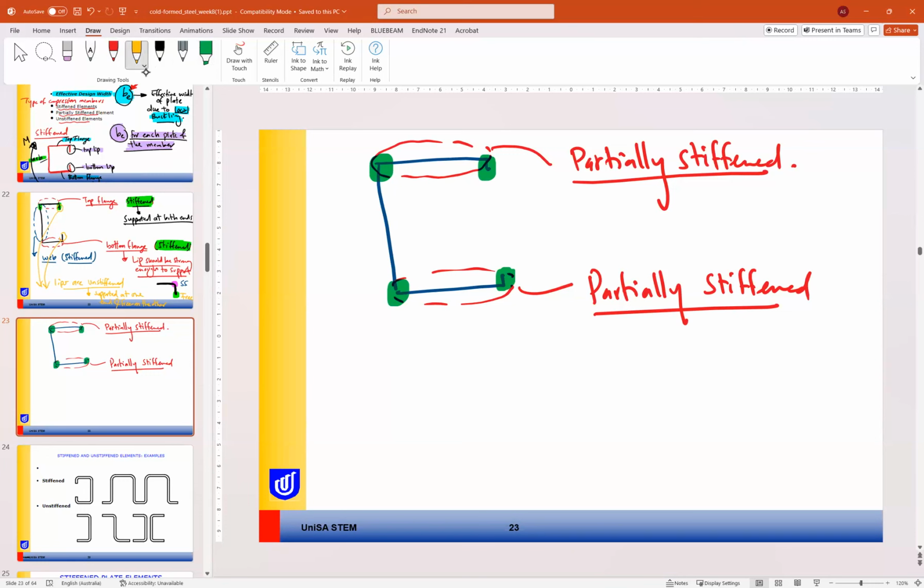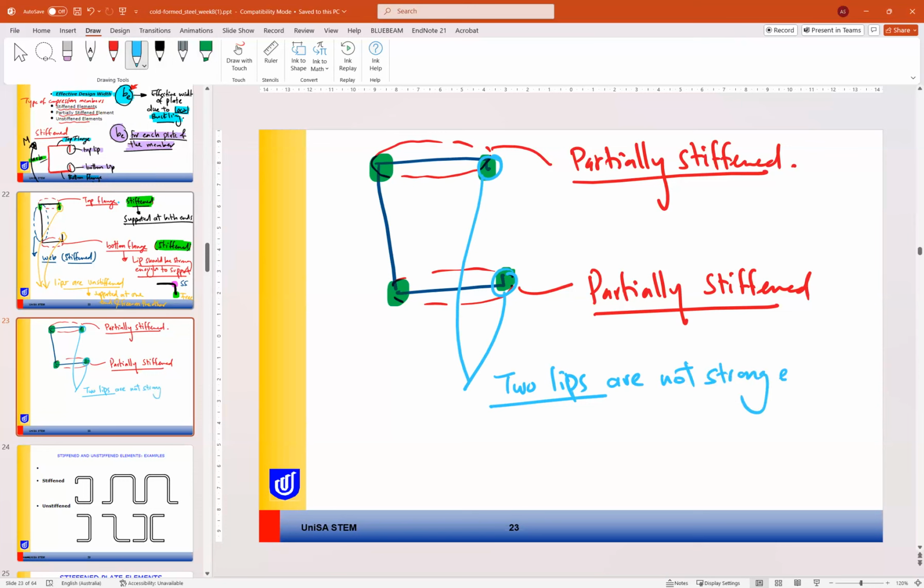But the idea is here in this case, we have two lips, but the two lips are not strong enough, or short. So they are there, but not conforming to the criteria of the support or the stiffener. They are not strong enough to support the flange.